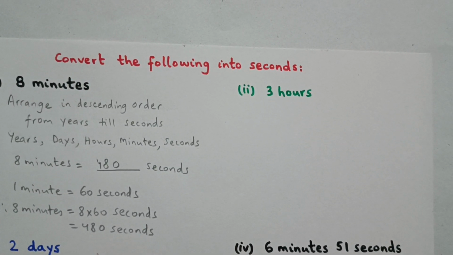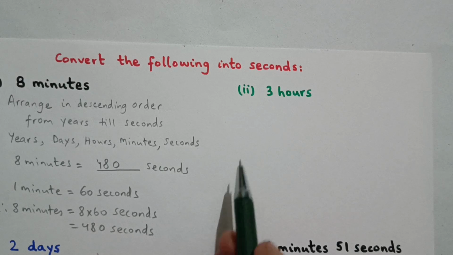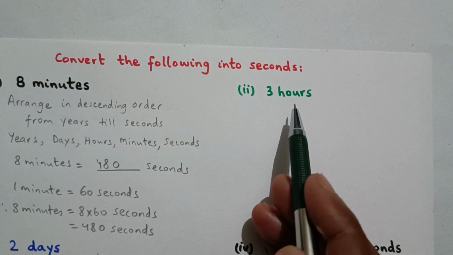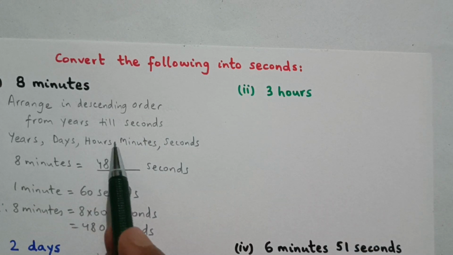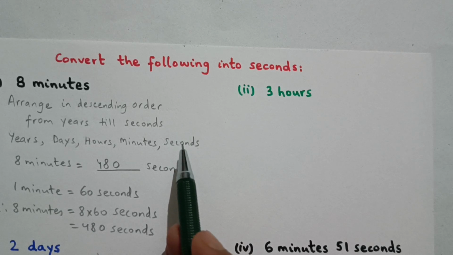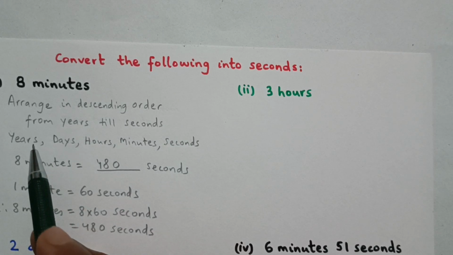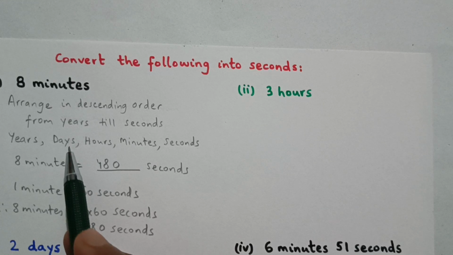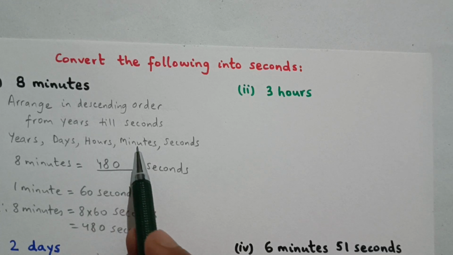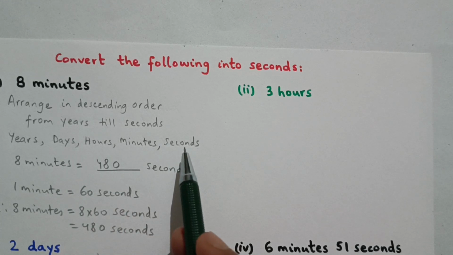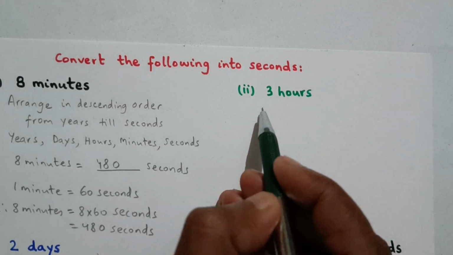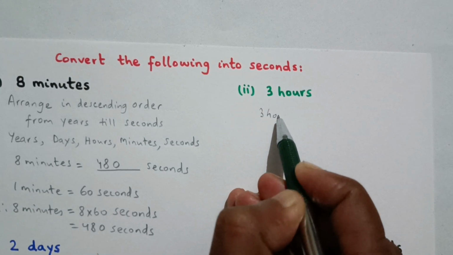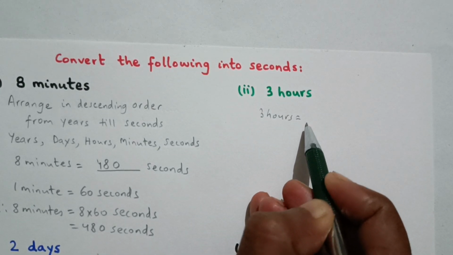In question number 2, we have to convert 3 hours into seconds. Now, let us look at the descending order from years to seconds. Years, then days, then hours, then minutes, and then seconds.